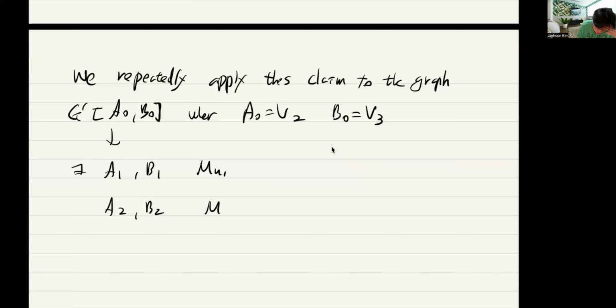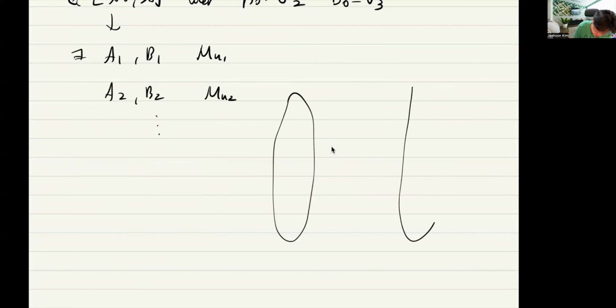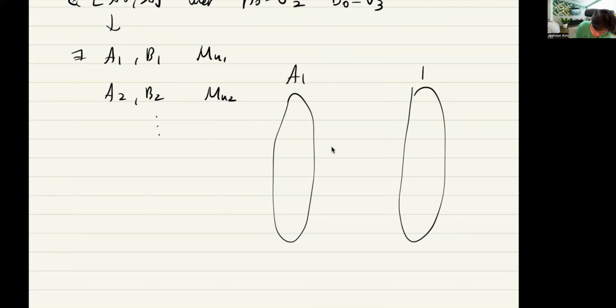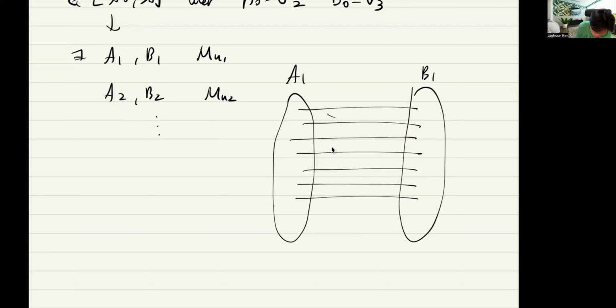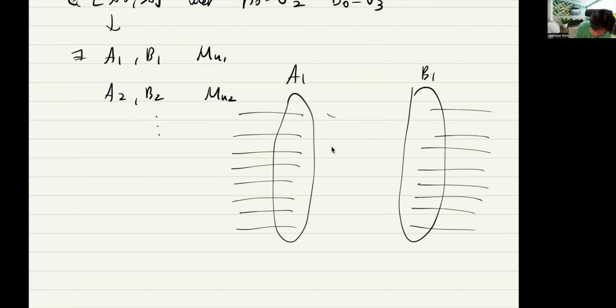A2, B2, MU2, etc. Then how does this look like? You have A1, B1, MU1, and you have many edges between here.